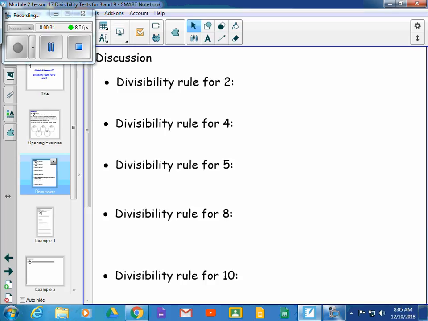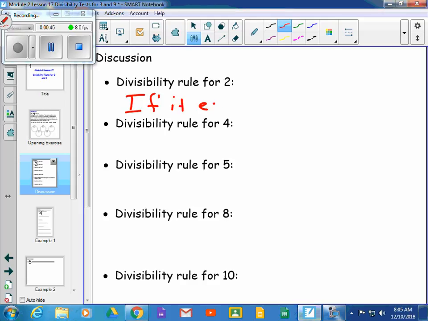We're going to write down some of these divisibility rules and then I'm going to have you guys apply them. First of all, the divisibility rule for 2. We know that a number can be divided by 2 if it ends with a 2, 4, 6, 8, or a 0.